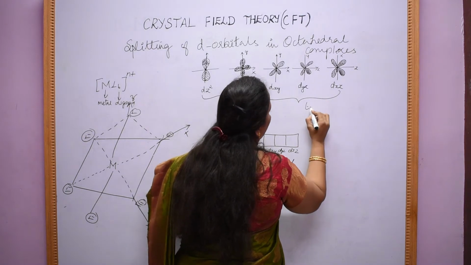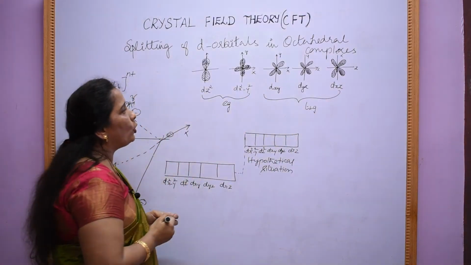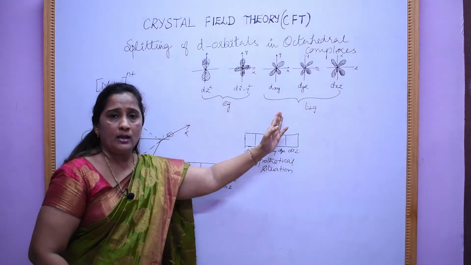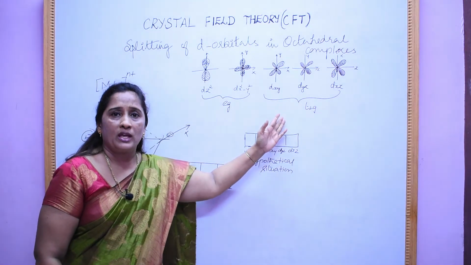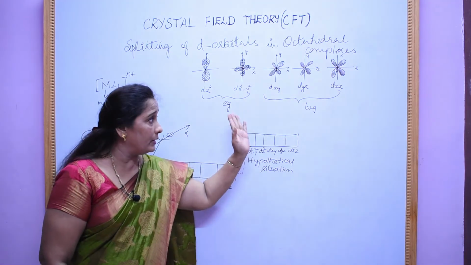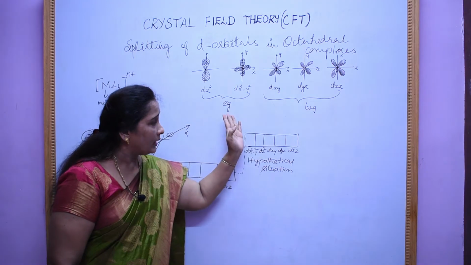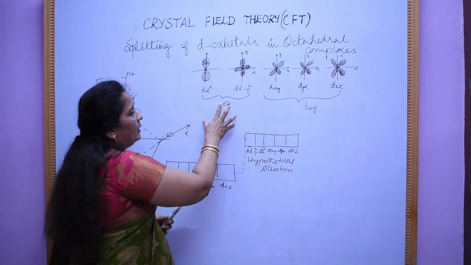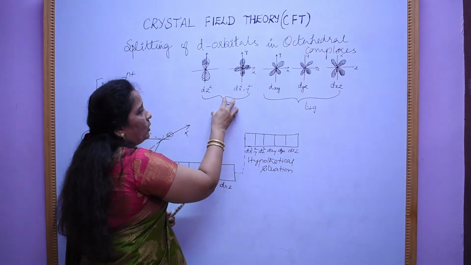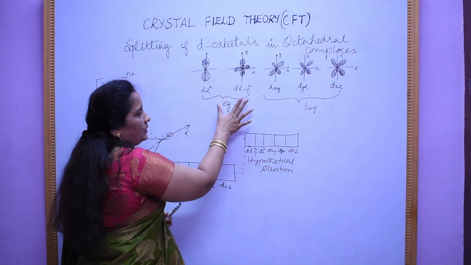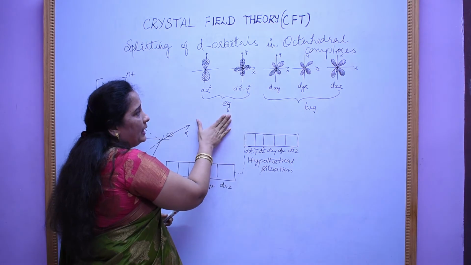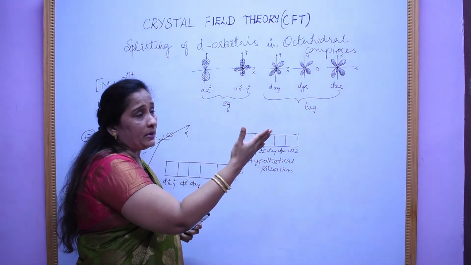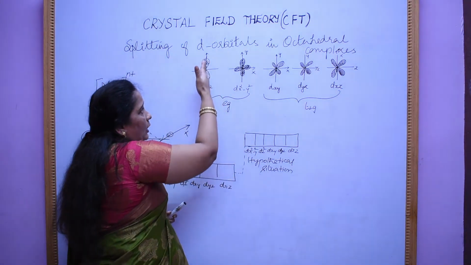Whereas in the t2g set of orbitals, the lobes lie in between the axes. Because of this variation in the energy of the d orbitals, the eg set of orbitals experience greater repulsion because the lobes lie along the axes.